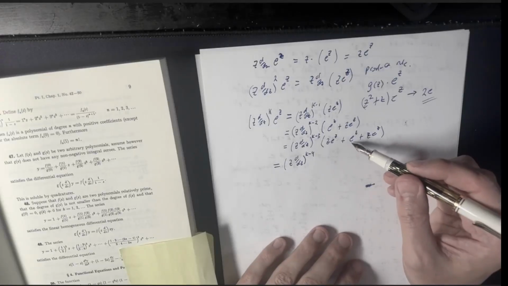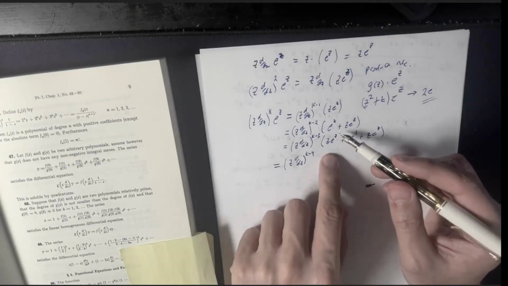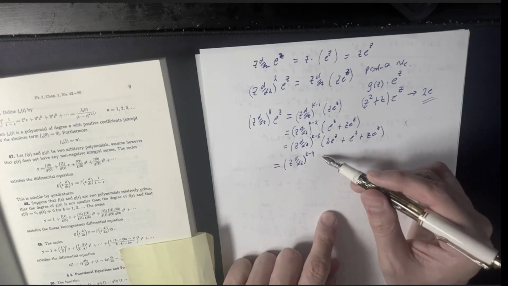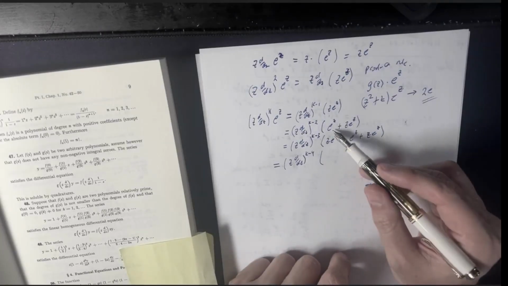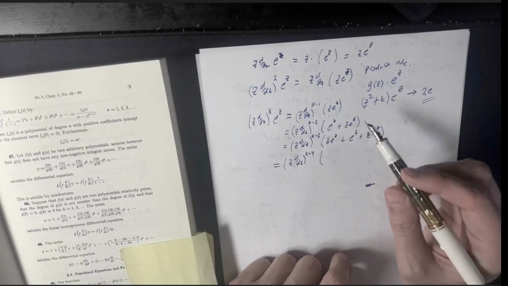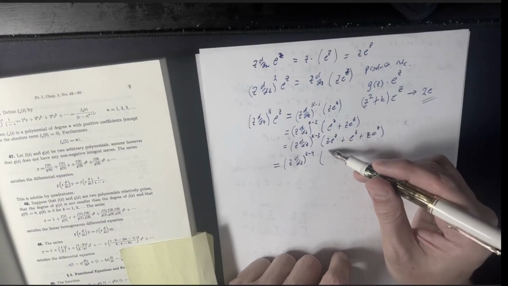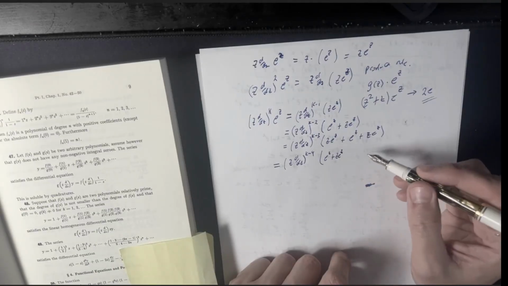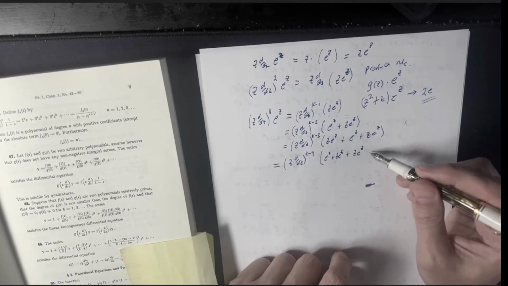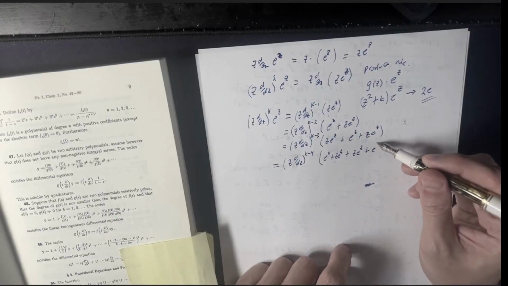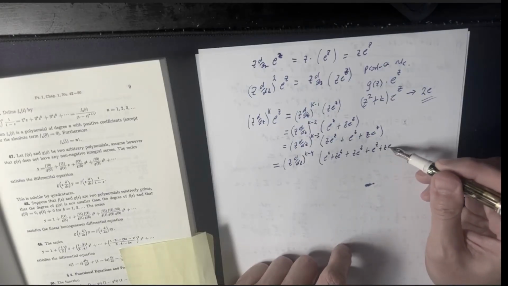And then again, this guy alone just gives you itself times z. That's what we did there, right? Unfortunately, this guy sort of expands and gives you e to the z plus itself. So this part gives you e to the z plus itself. This guy in the middle gives you a z e to the z. And this guy does the same thing. It expands again, gives you itself plus e to the z.